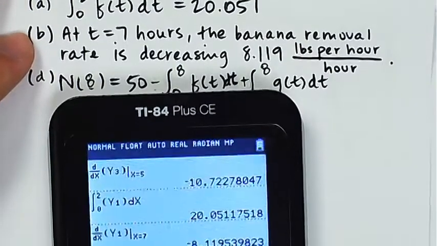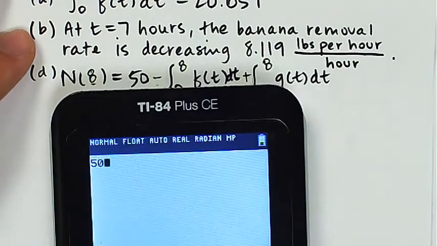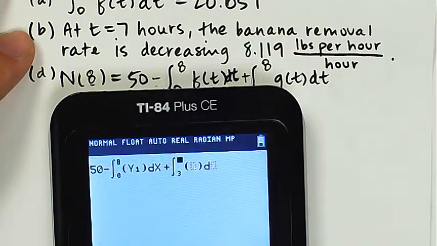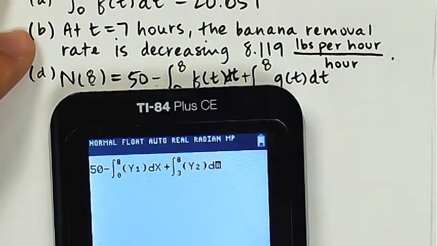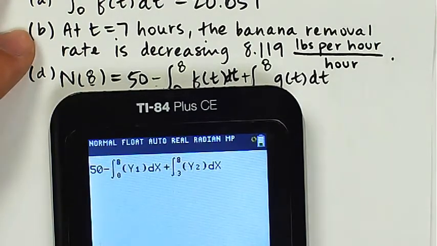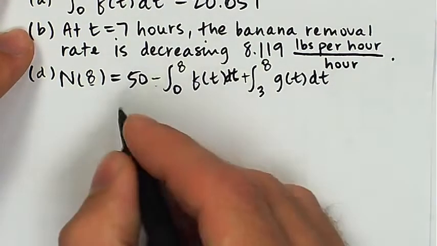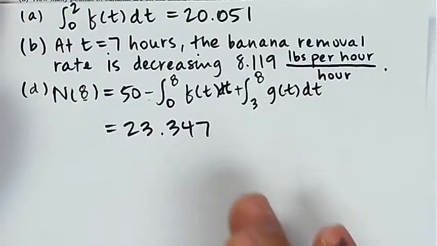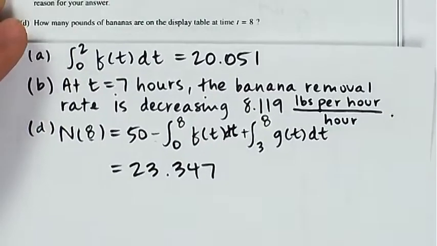So I'm going to clear that out. 50 minus the integral from 0 to 8 of rate out, which I put in y1, with respect to time, plus the integral from 3 to 8 of the rate of banana restocking, which was 2, and I'll get 23.347. That's the number of pounds of bananas on the display table at time t equals 8.